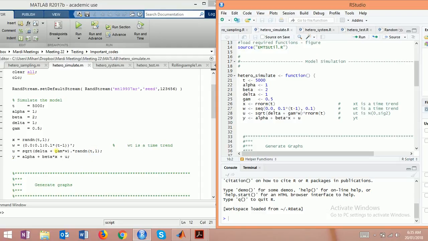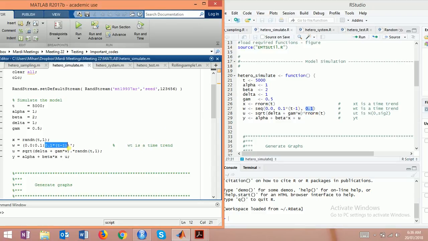I'm going to multiply 0.1 by the sequence up to t minus 1, so it is generated for 4999 steps. It starts from 0 and steps up at 0.1 stages: sequence 0 up to t minus 1, multiplied by 0.1. So omega t is the time trend.